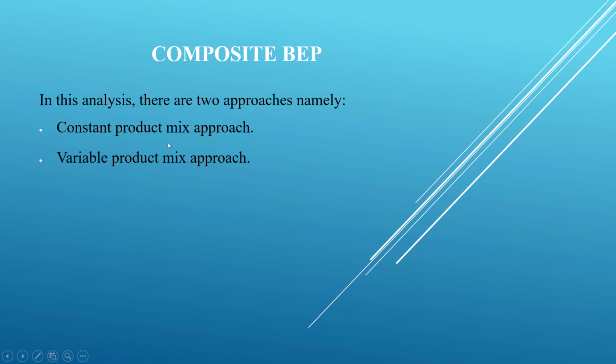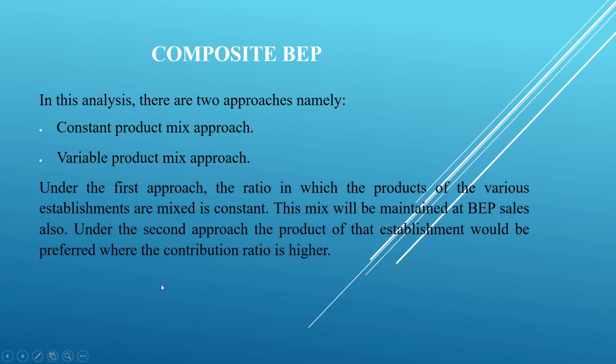Now, what is constant product mix and variable product mix? Under the first approach, the ratio in which the products of the various establishments are mixed is constant. That means in this case, the contribution and the fixed expenses of all the departments of the company are kept the same. That is constant. It does not change.